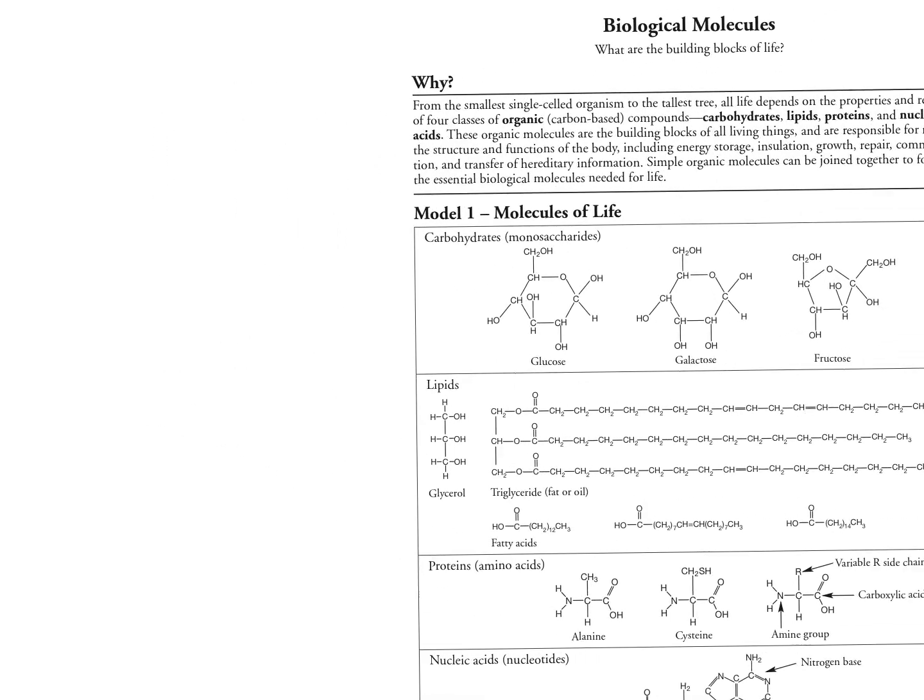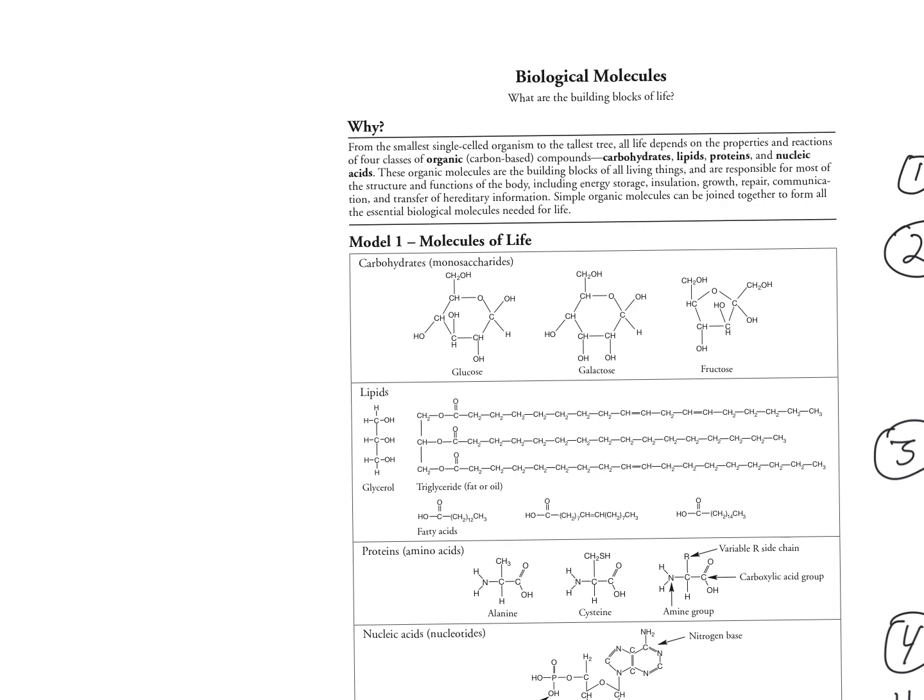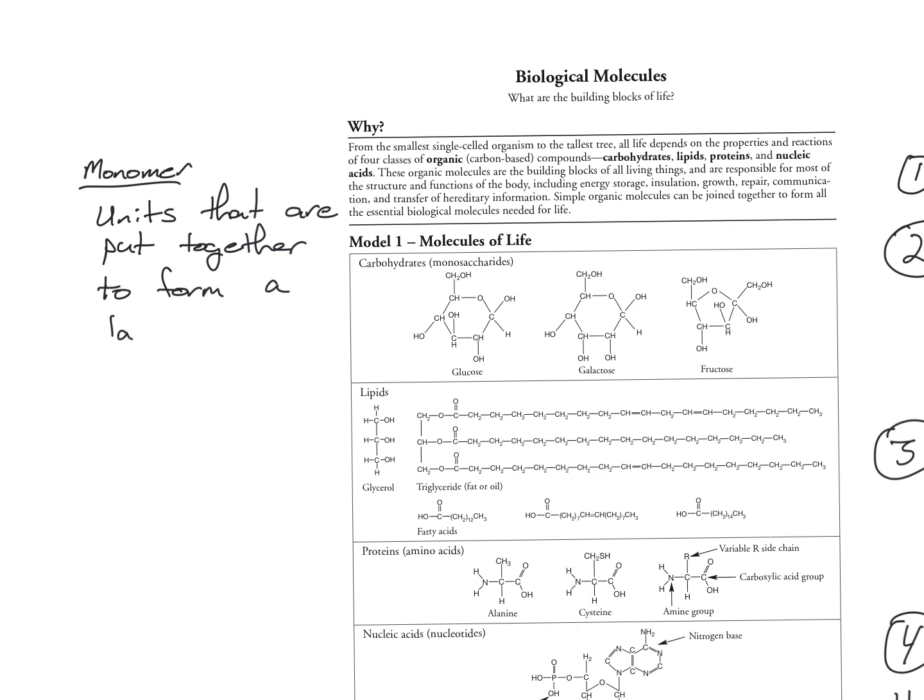These are monomers of glucose, and the monomers include many more monomers. Remembering that when we talk about the word monomer, we're talking about the single units that are put together to form a larger molecule.